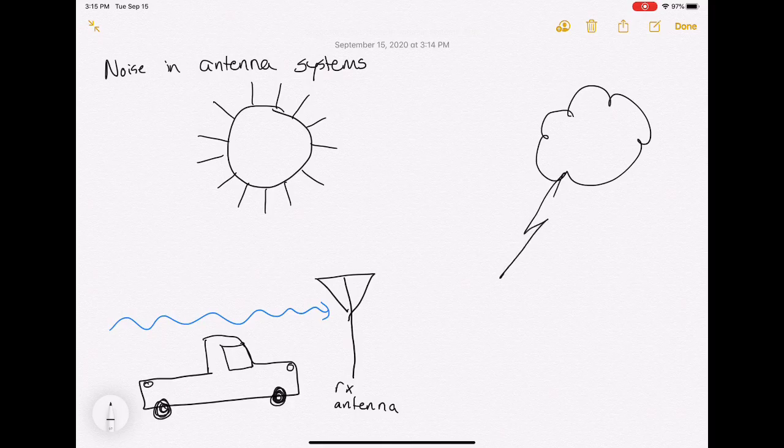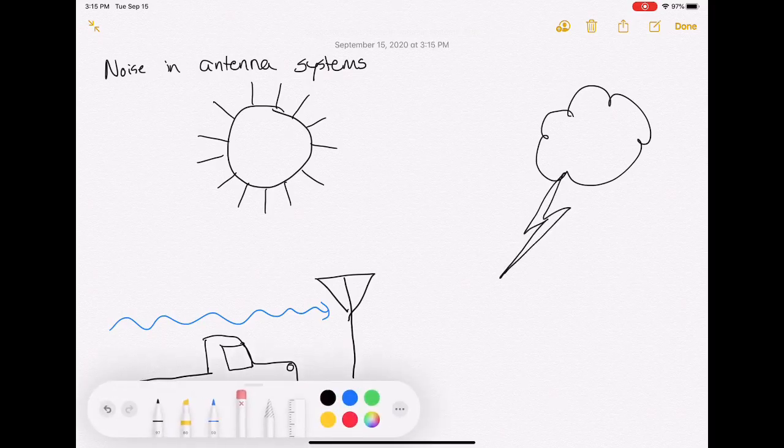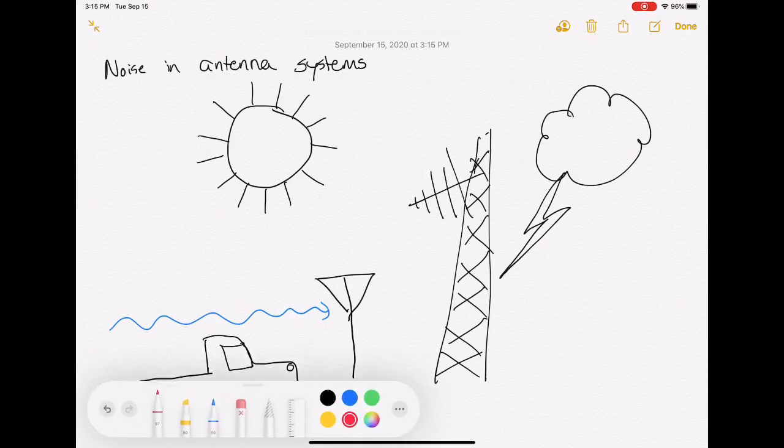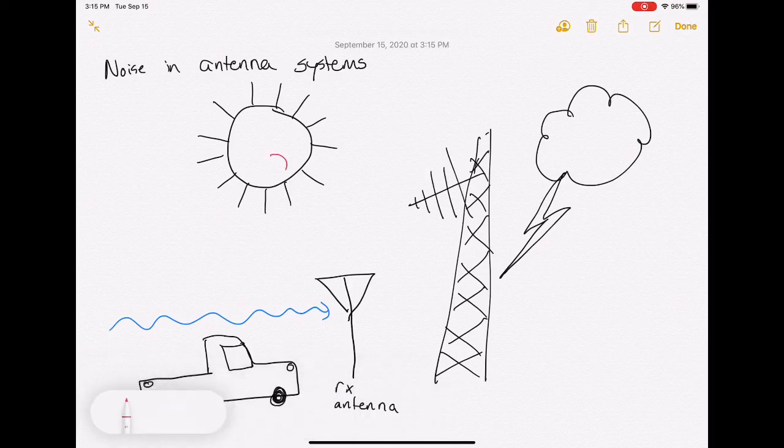Those sources can be electromagnetic radiation from the sun.